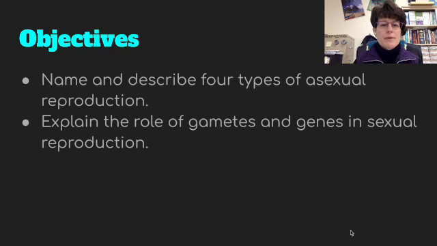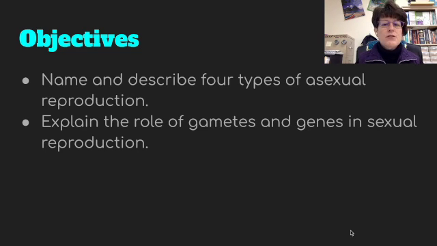Now you can remember from when we talked about the characteristics of living things that God made living things to reproduce. That's one of the characteristics of living things. And recall that there are 2 types of reproduction: asexual reproduction, where there's only one parent, and sexual reproduction where there are 2 parents.